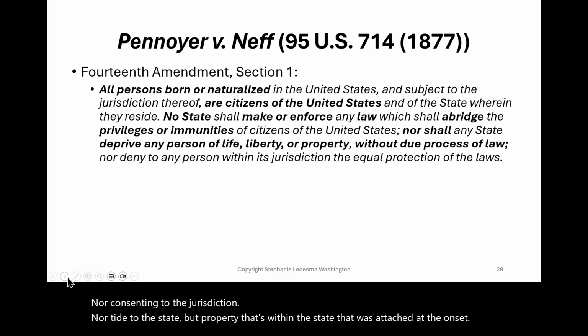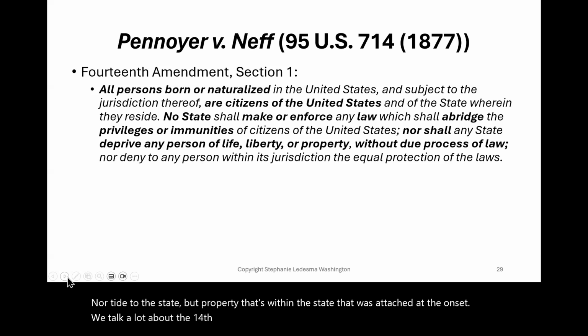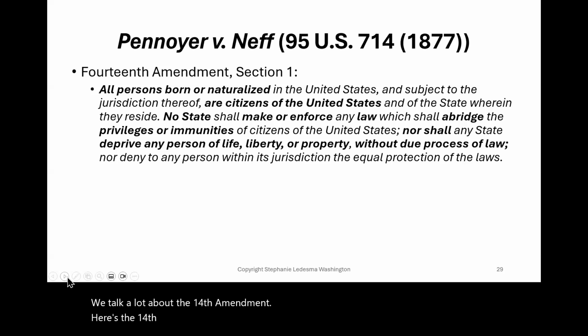We talk a lot about the 14th Amendment. Here's the 14th Amendment, Section 1. All persons born or naturalized in the United States and subject to the jurisdiction thereof are citizens of the United States and of the state wherein they reside. That's the birthright clause. You may have heard about it in the news over the last 6 months.